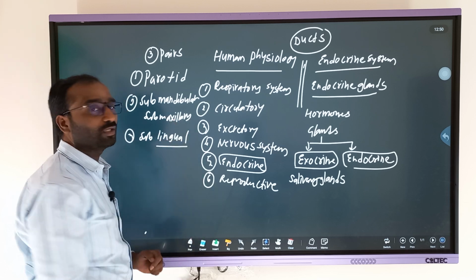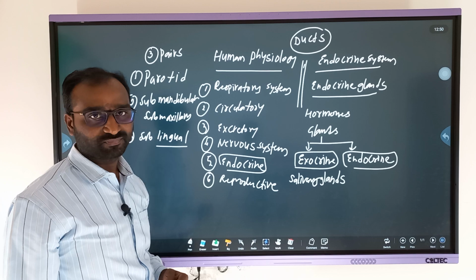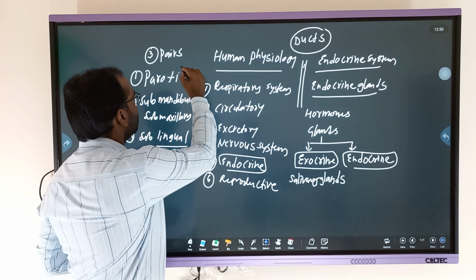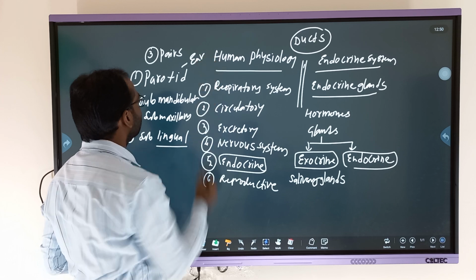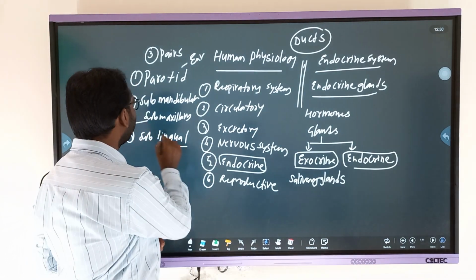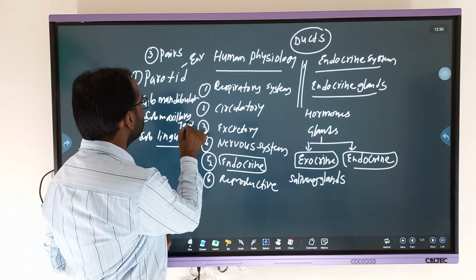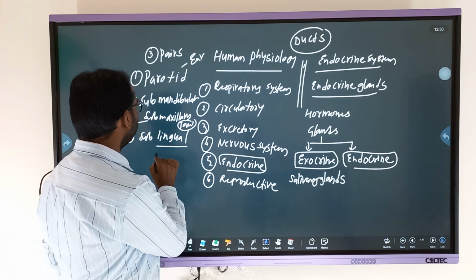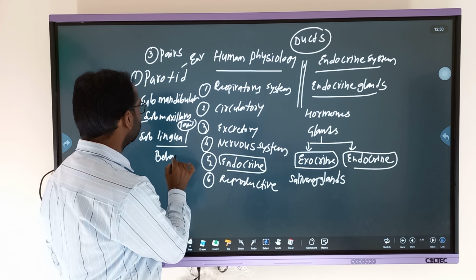Here the term lingual means tongue. So the parotid is near the ear, submandibular or submaxillary at the angles of jaw, sublingual below the tongue.